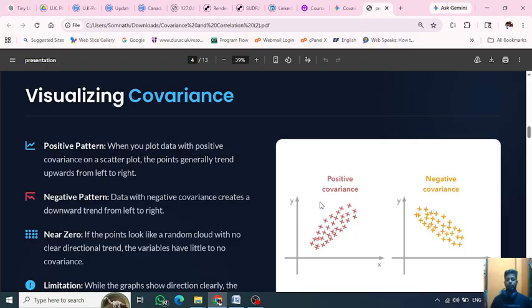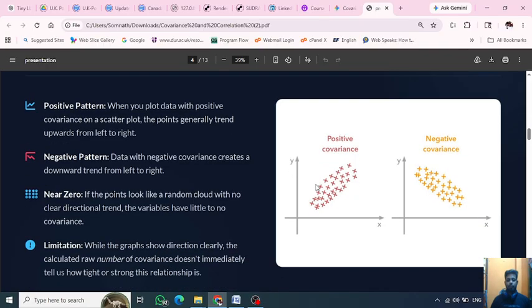So let me visualize the positive and negative covariance. On the left side, the graph is showing the positive covariance. It's a scatter plot, and you can clearly see it moving from left to right, upward. And for the negative covariance, it's downward.